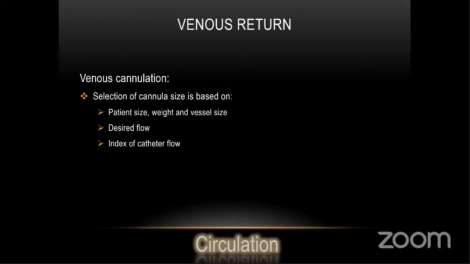For an average adult patient, a 30 French SVC and 34 French IVC cannula, or a single 42 French cavoatrial catheter, provides excellent venous drainage.